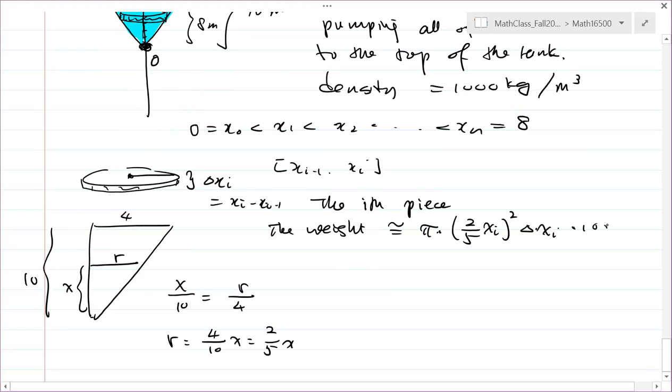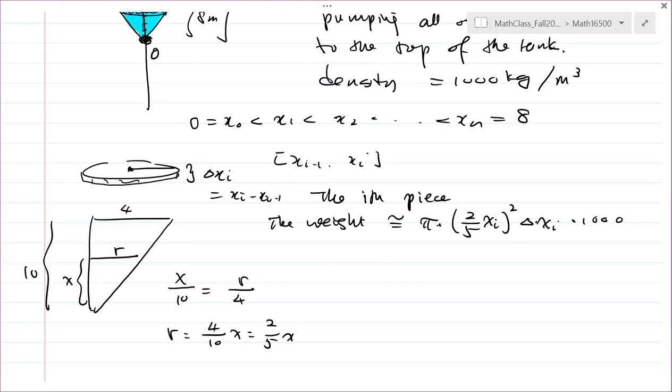The density is 1,000 kilograms. So the volume times the density gives the weight of that piece. Right? This is just the radius. Why did I use equal? Because it's just a rough estimate. Because really the volume of this looks like a cylinder, actually it's not like a cylinder, it's a special portion of the cone. So the radius is almost equal to 2 over 5 xi. Okay.